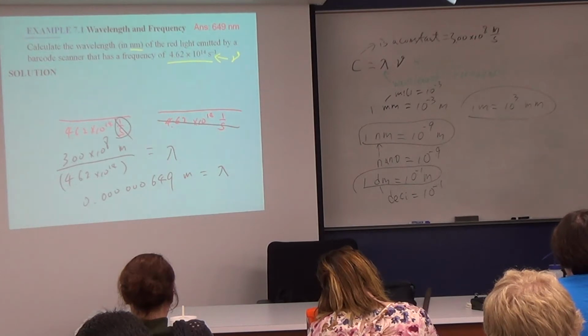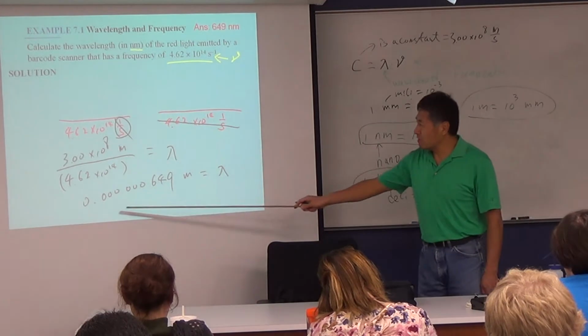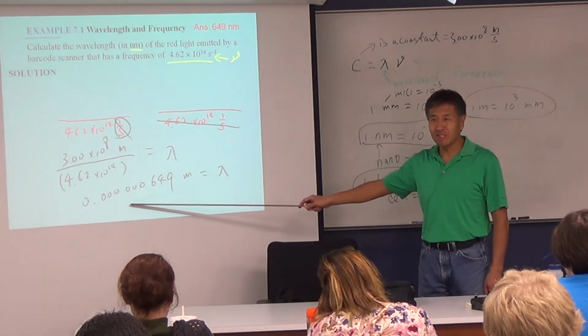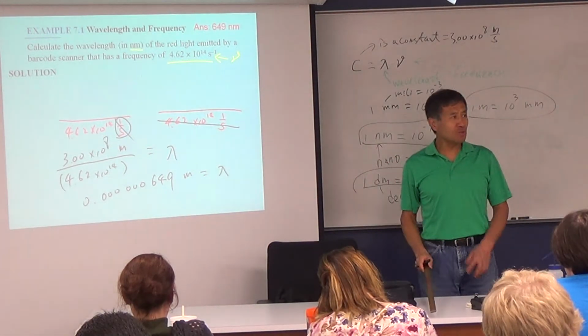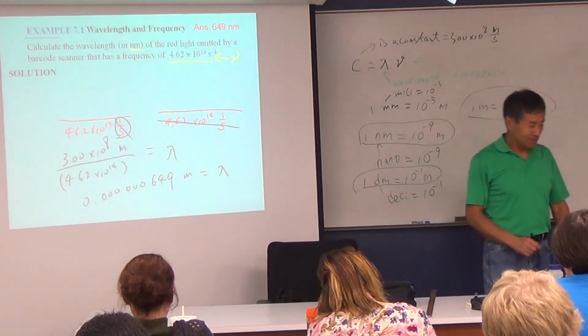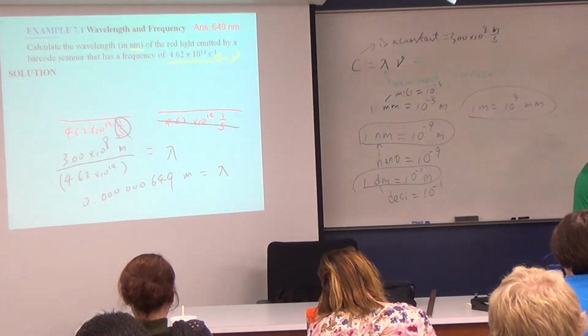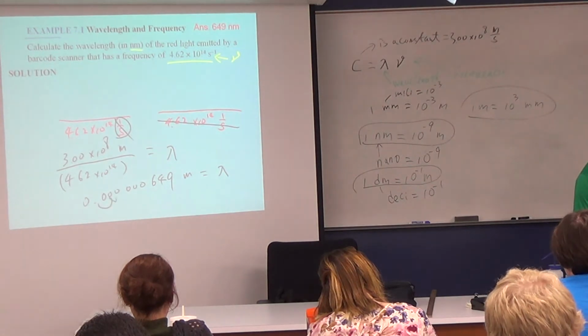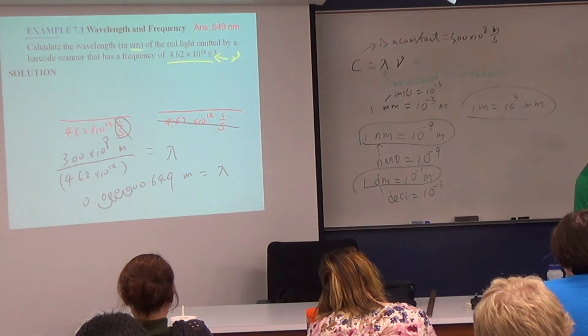Now this one, just as a practice. I have this number here written in decimal numbers. Now you can convert this into scientific notation. 1, 2, 3, 4, 5, 6, 7. So I will stop here.